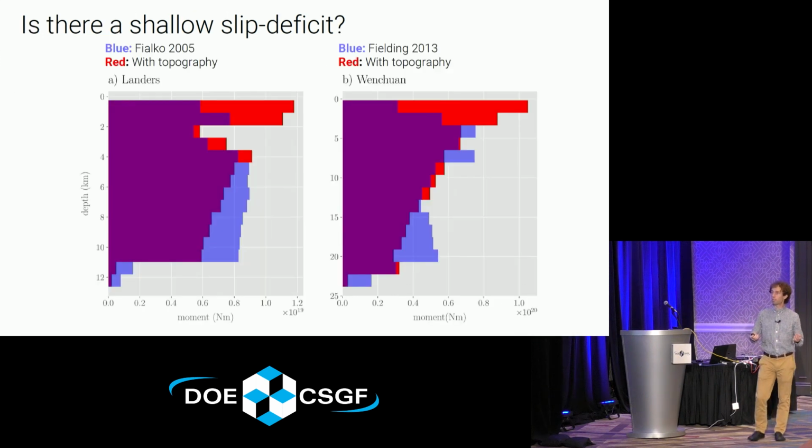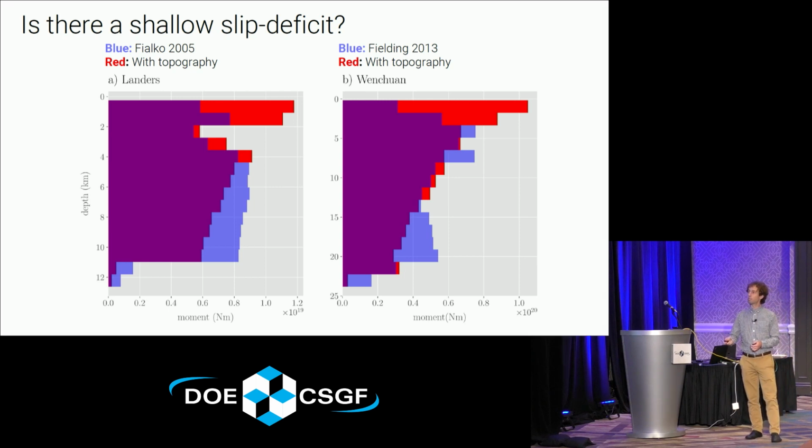So let's compare this to what people have inferred before. If we look at this plot over here, there's this Fialko 2005 paper, which is a well-known slip inversion for the Landers earthquake. You can see that in that paper, compared to what I've produced, which is in red, there's a lot more slip at depth and a lot less slip in the shallow portions of the fault.